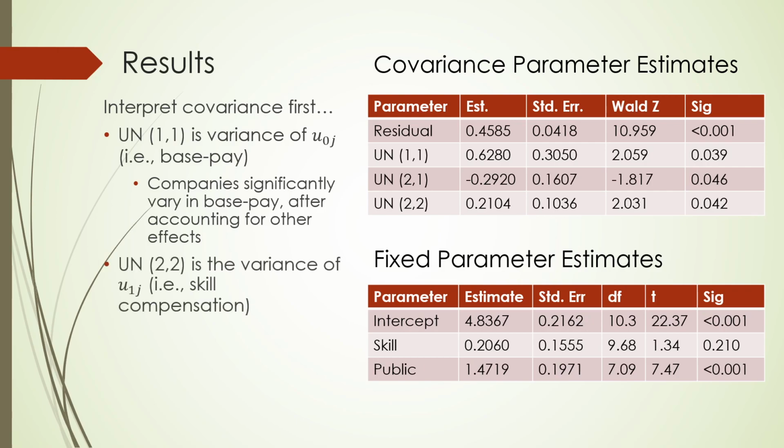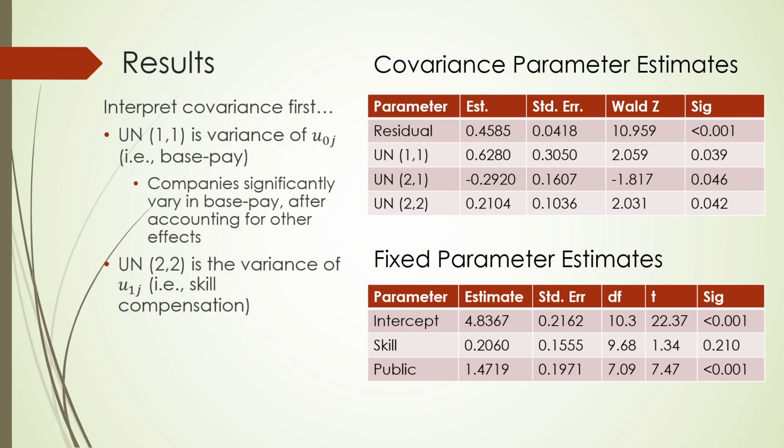Now, UN22 represents the variance in U sub 1j, that is the variance in skill compensation. So that's the second random effects component that we looked at in this model. We have 2 random components, U sub 0j for the base pay and U sub 1j, that is the company variability in skill compensation in that model.